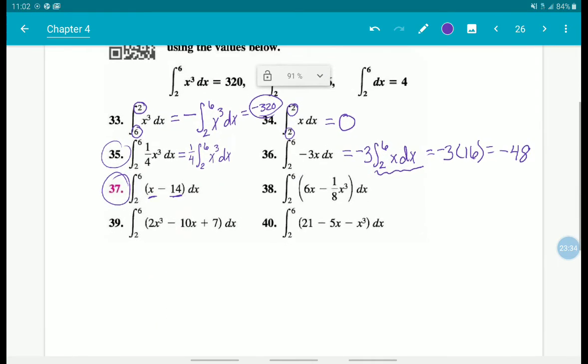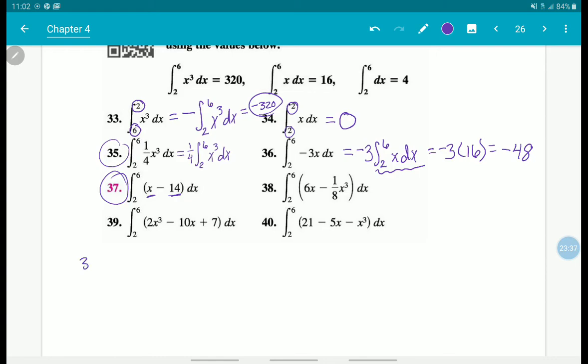Let's look at 38. We are going to want to split that up. And then we could think about pulling the 6 out of the first one, and then pulling the 1/8 out of the second one.